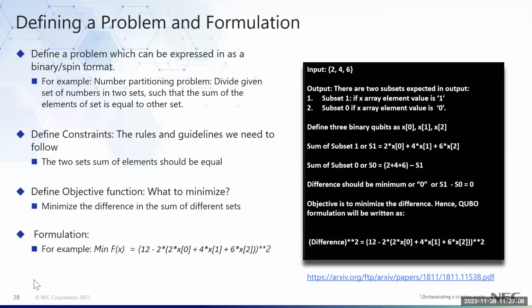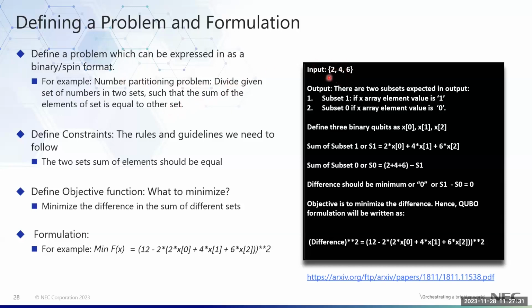So before we move into the coding aspect, let's see how we code. So here you can see defining a problem using a binary or spin format. So let's take a problem that's number partitioning, where you have to divide a given set of numbers in two sets, such that the sum of the elements of one set is equal to the other set.